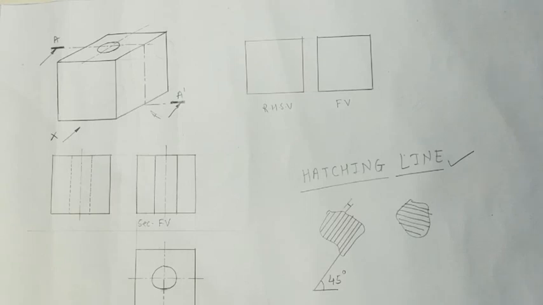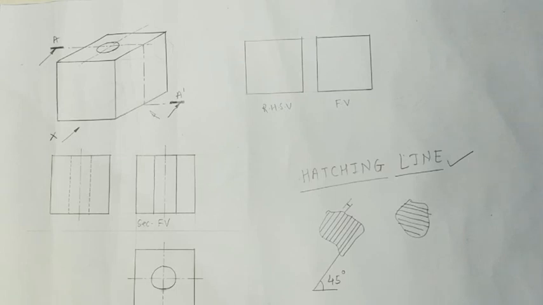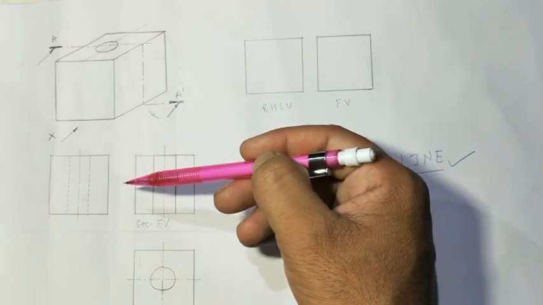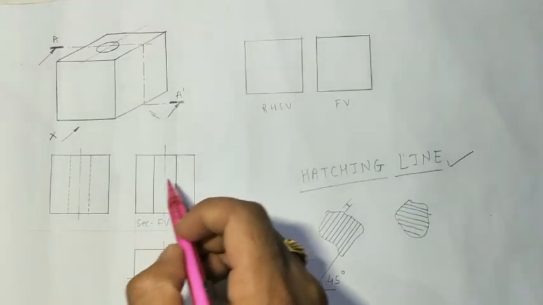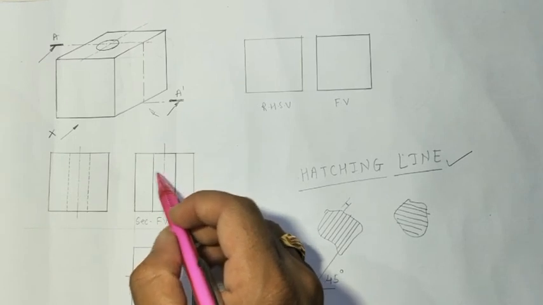Once you do the cutting, definitely some portion of the object will have paint pasted on it, or some surfaces will get pasted by the paint. So imagine which surfaces will have paint pasted on them. Here you see in the sectional front view we see three surfaces. One is this, second one is this, third one is the central one.